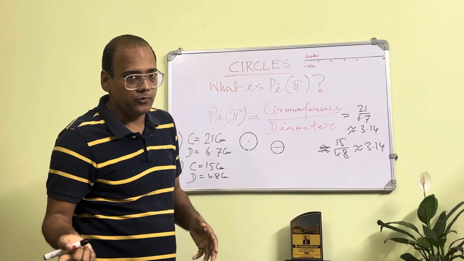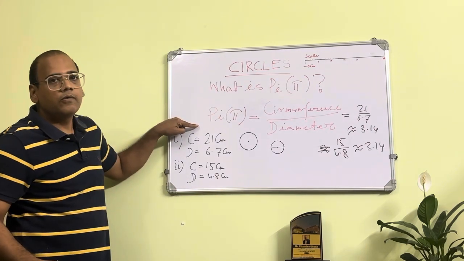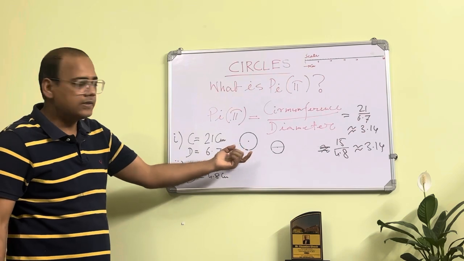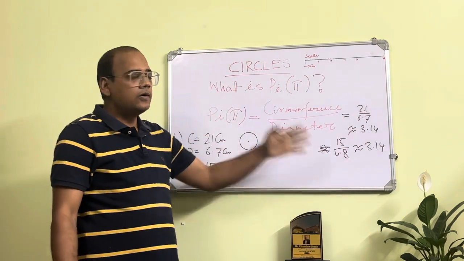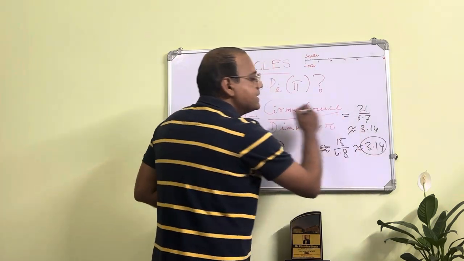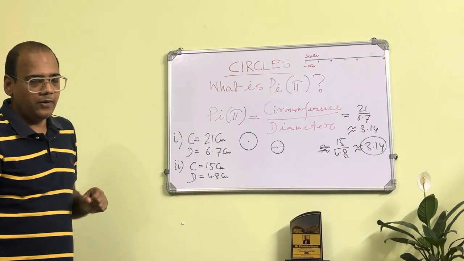You can try at your home as well. You can make a bigger circle, just get the circumference, easily calculate the diameter and get this ratio. So regardless of the size of the circle, this ratio remains unchanged. That is the pi.